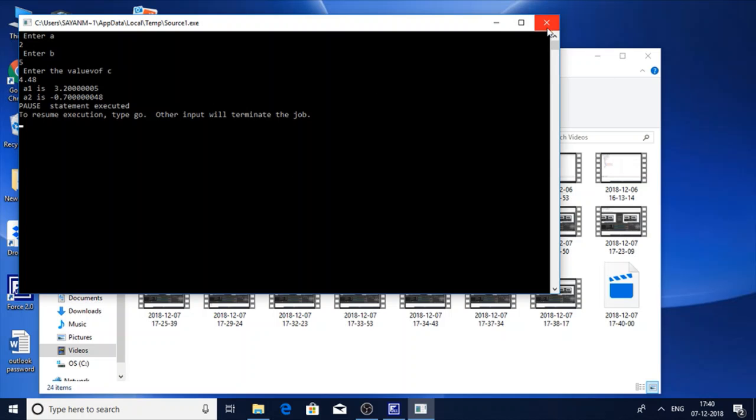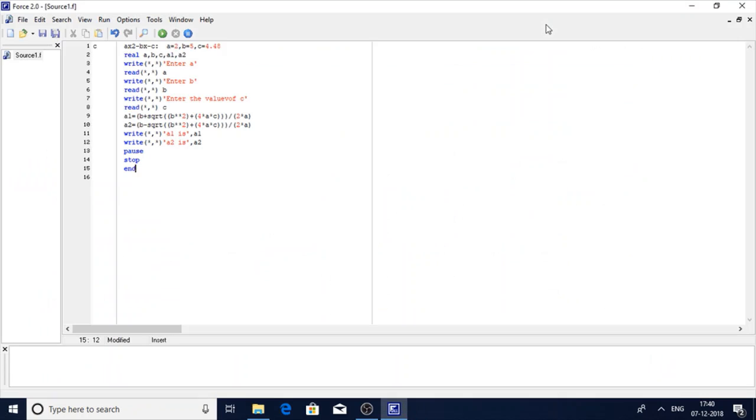All right. Okay, guys, this was a question for quadratic formula. This was the answer for quadratic formula.